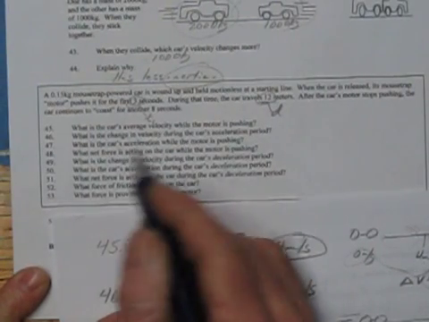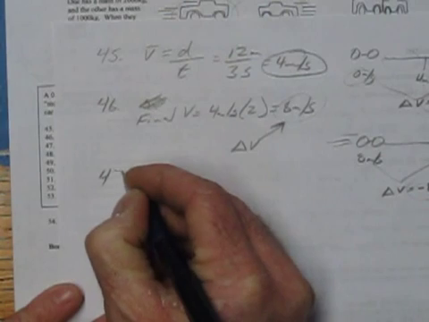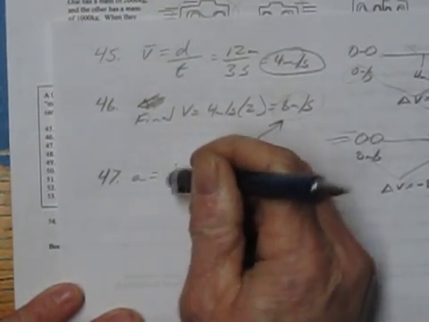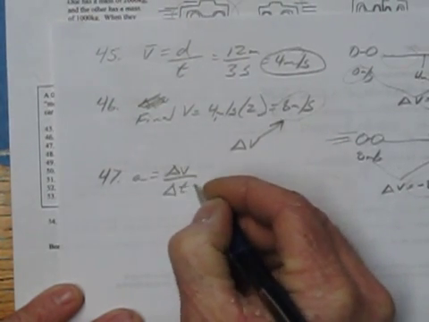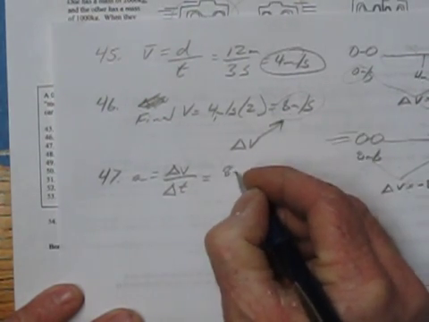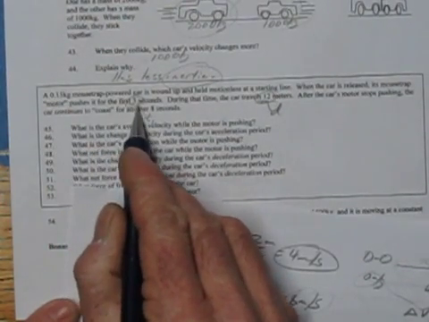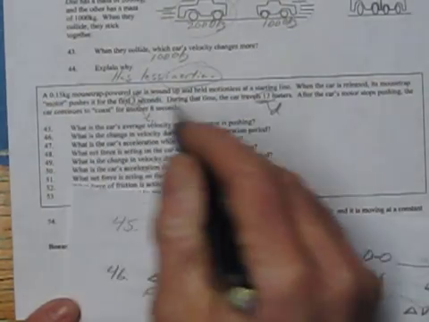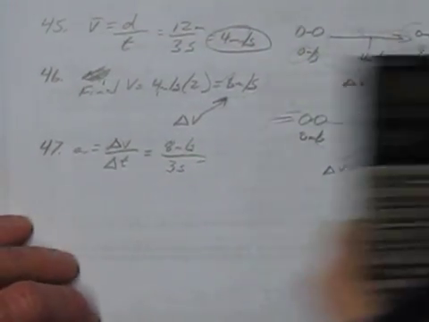47. What's the car's acceleration while the motor is pushing? Acceleration is meters per second squared, those are the units. Change in velocity divided by change in time. So the change in velocity while the motor is pushing is 8 meters per second. Change in time, motor pushes it for the first 3 seconds. That's the time we want for the acceleration period when the motor is pushing. 8 over 3, that's a little bit of a weird number.